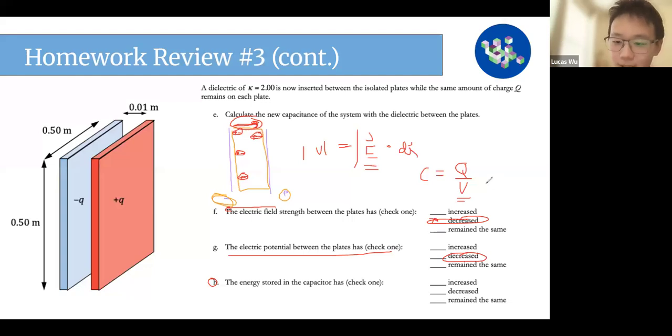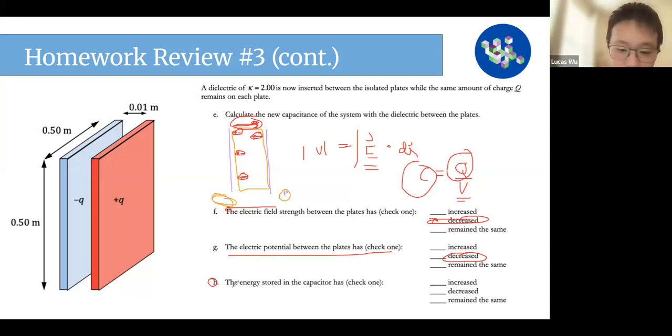And if V is in the denominator and it decreases, that means the capacitance increases. So if instead I fix the voltage, then Q would have to increase. That means if I put a dielectric in a capacitor, the capacitor is able to store more charge, which is why we use dielectrics in real life.